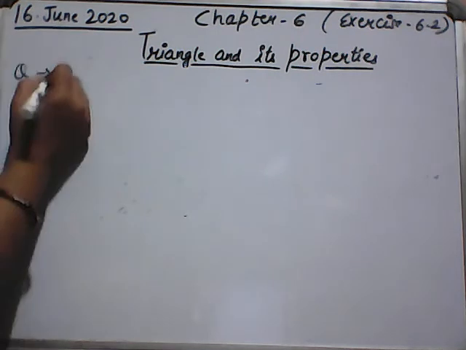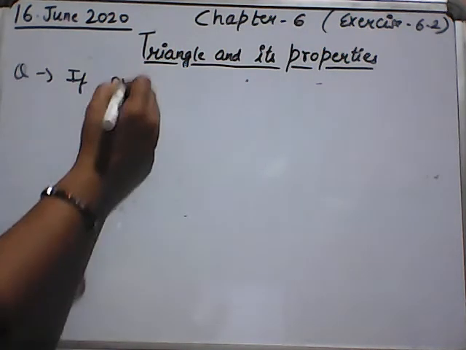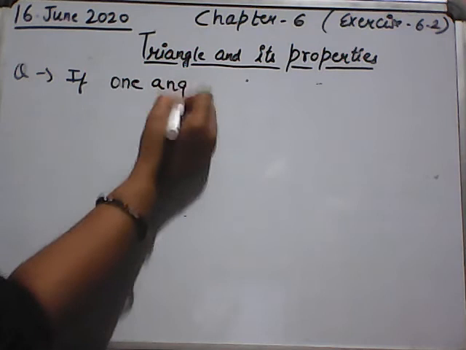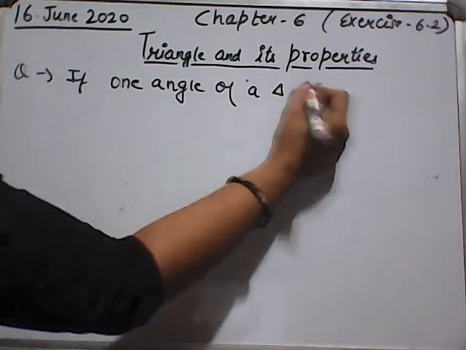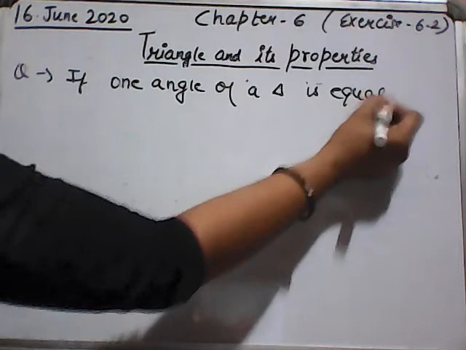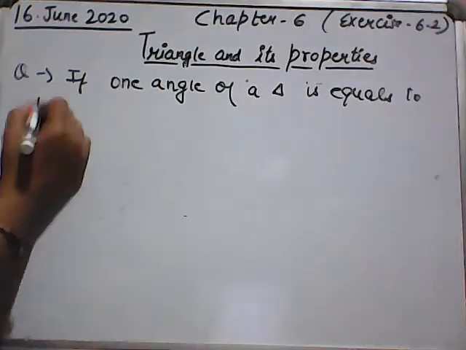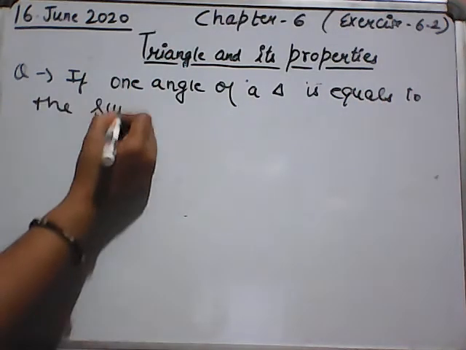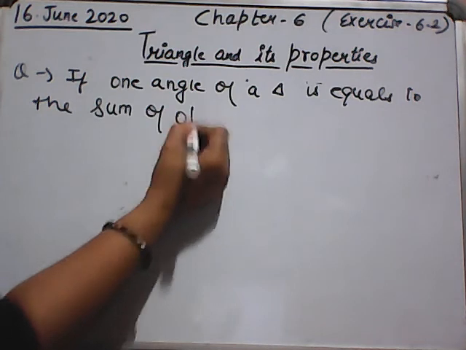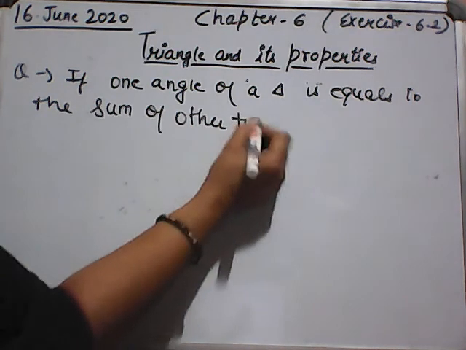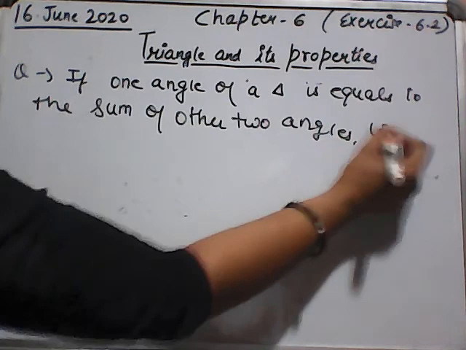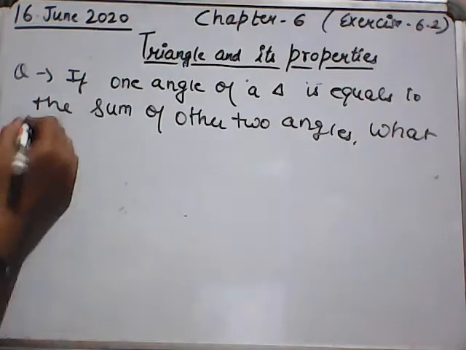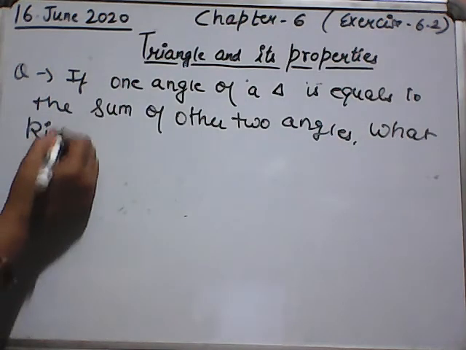If one angle of a triangle is equal to the sum of the other two angles, then what kind of triangle is it?